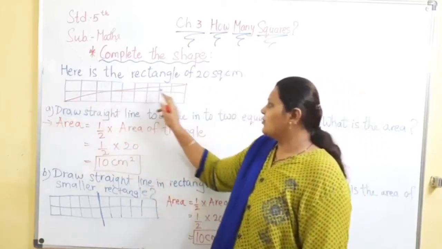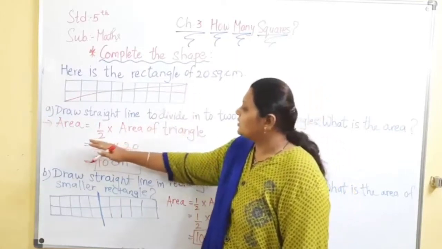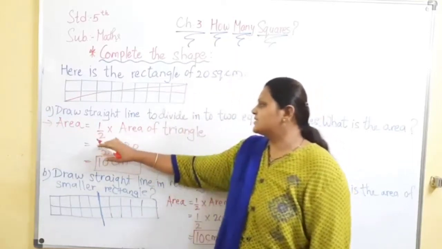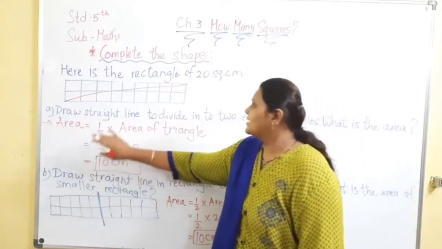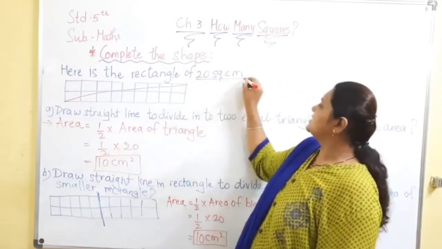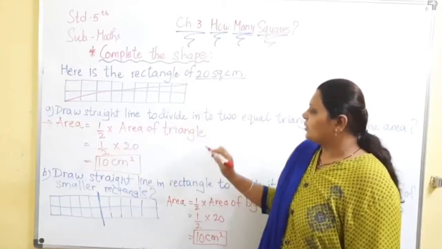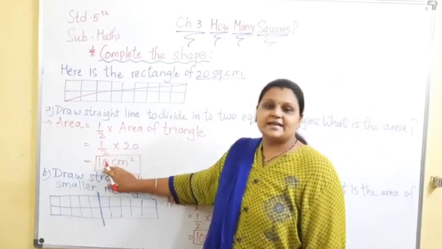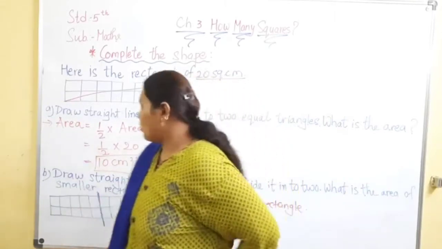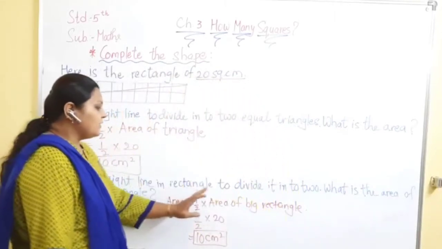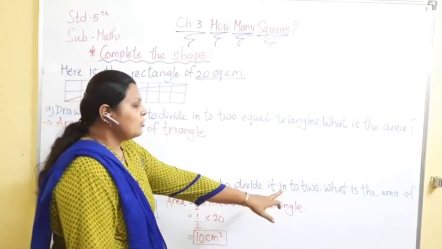So here we have done the half part. Area equals half multiply area of rectangle. So half multiply 20. 20 is the area given over here. So 10 centimeter square.